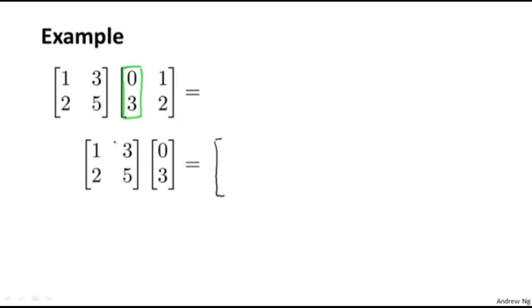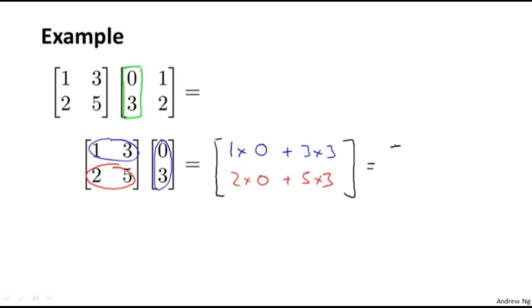This is going to be equal to 1 3 times 0 3, so that gives 1 times 0 plus 3 times 3, and the second element is going to be 2 5 times 0 3, so that's 2 times 0 plus 5 times 3, and that is 9 15.